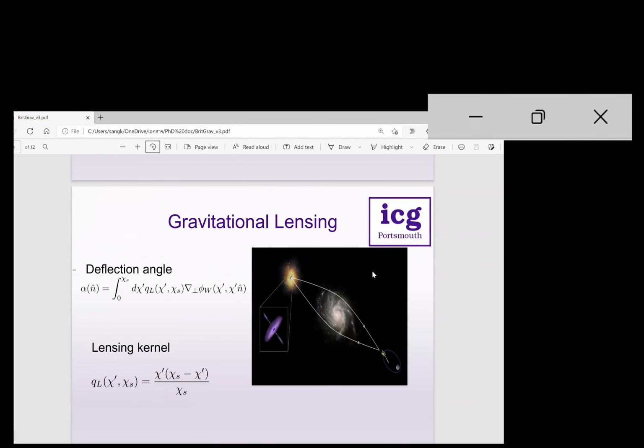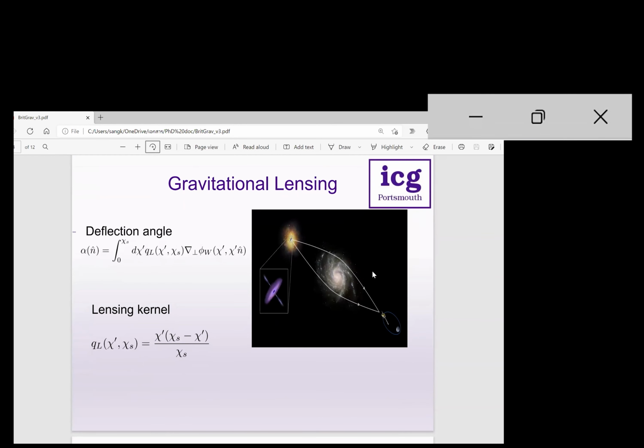Then what happens if we measure the correlation between H1 and the background image source, which can be deflected by the neutral hydrogen? In that regard, we can measure the two-point statistics between the lensing convergence and the neutral hydrogen intensity map.